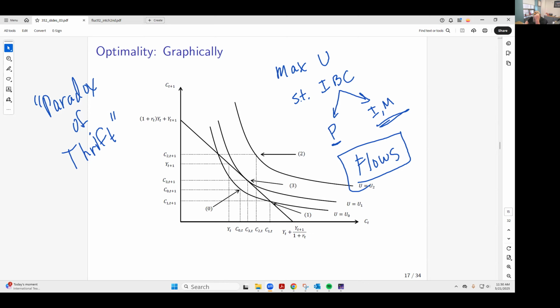We think about there being two income realizations. You get income in the first period, and then you get income in the second period. Now, in the real world, these are potentially connected.